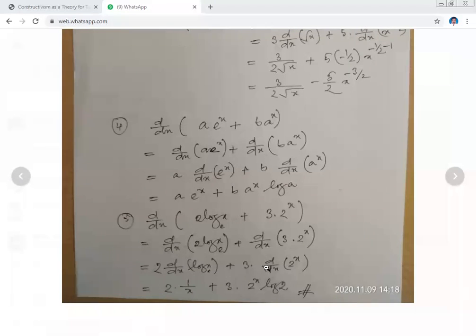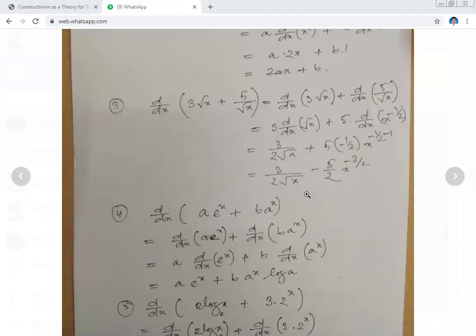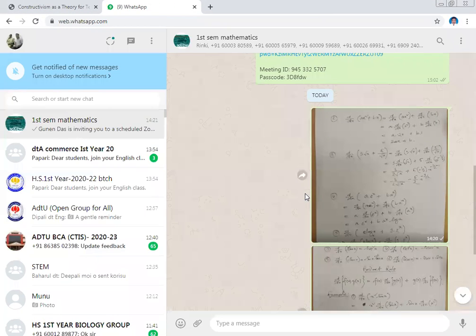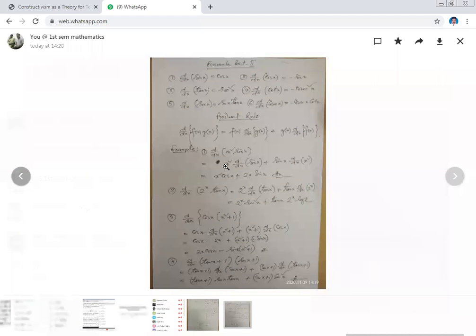Derivative of the first plus or minus derivative of the second, again plus or minus if any, derivative of the third, and so on. So we can follow the properties. After that, we can use our relevant formula.